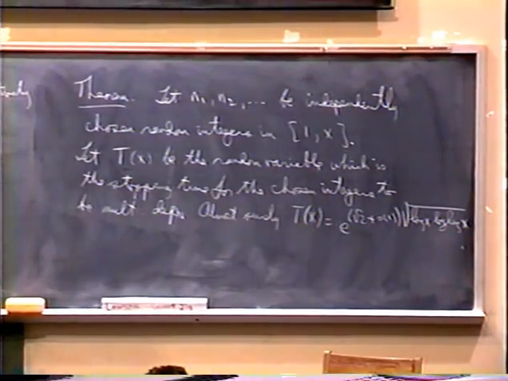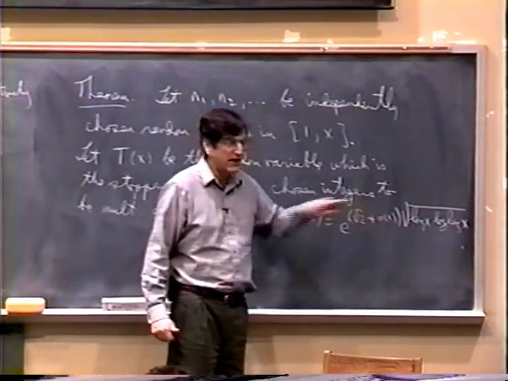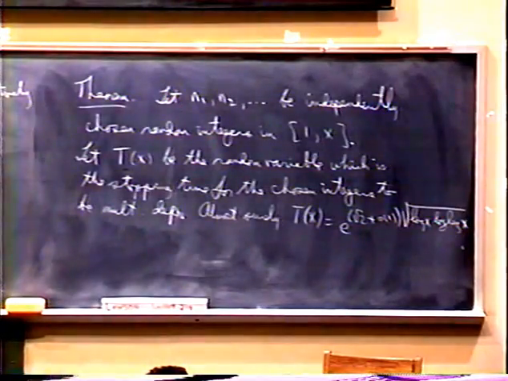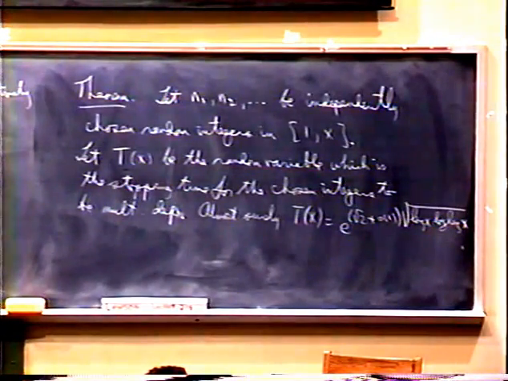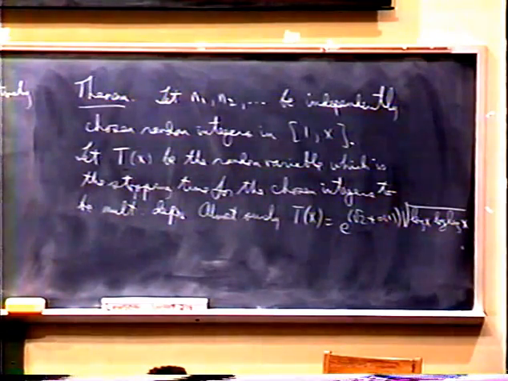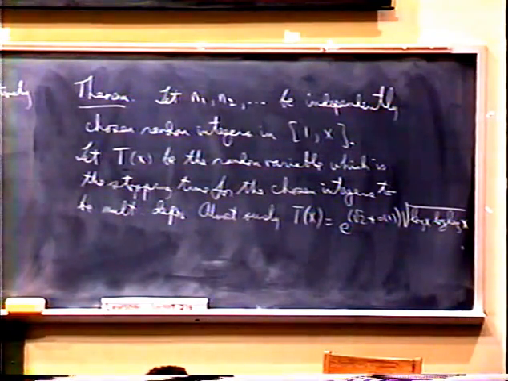And the other side of the theorem is if you replace this little o1 with a minus epsilon, then almost surely the set you've chosen is multiplicatively independent. Now those two theorems are separate theorems, and one is easy and one is hard. Okay, but let me show you the easy one and how the easy one works.